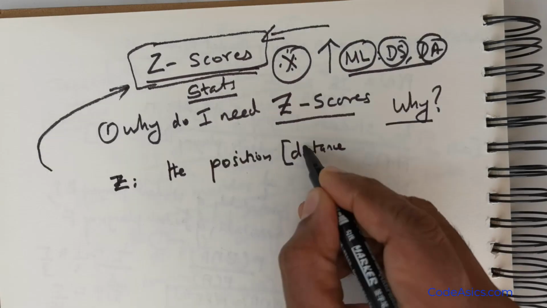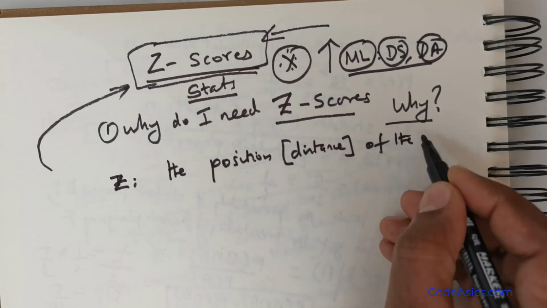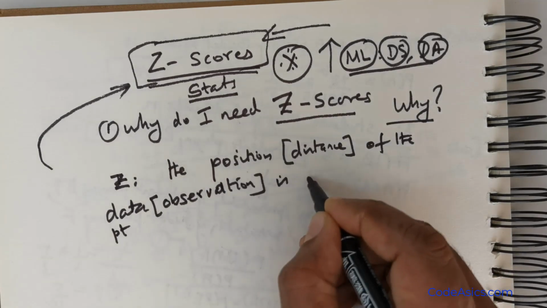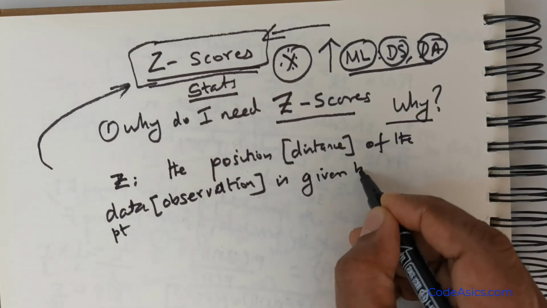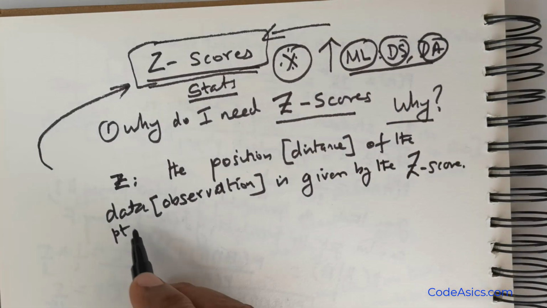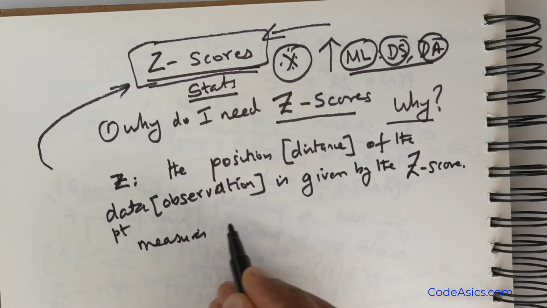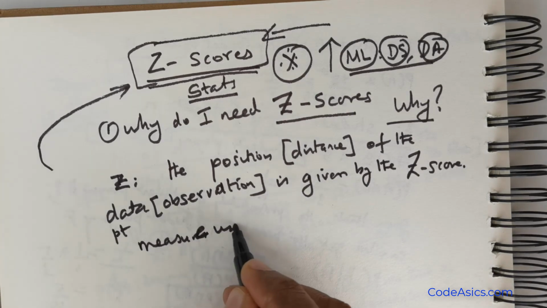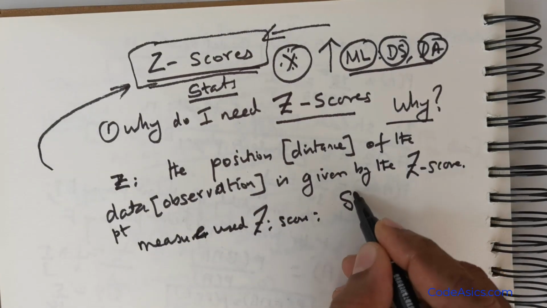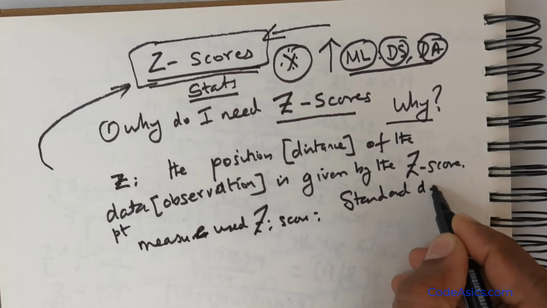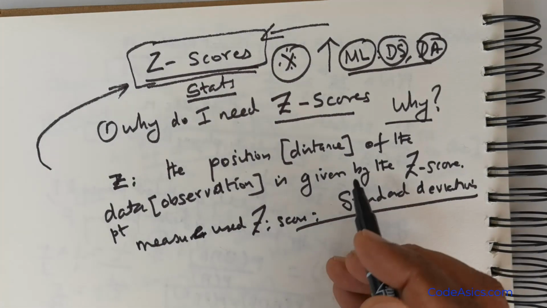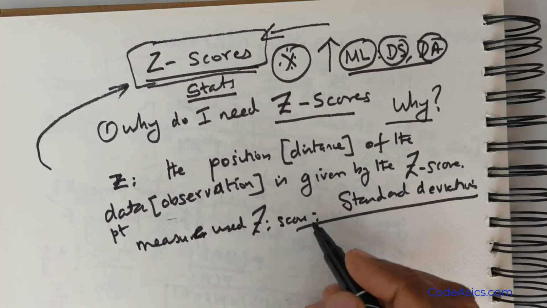The distance of the data point is given by the z-score. The unit used by the z-score is standard deviation. So if you want to know where exactly an observation is located, the z-score will give you that.